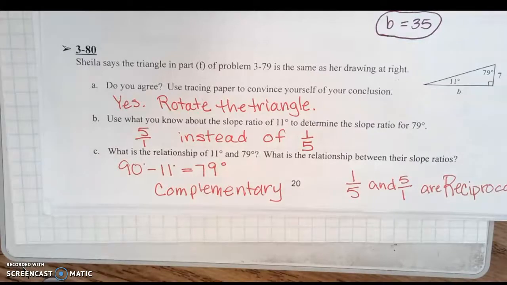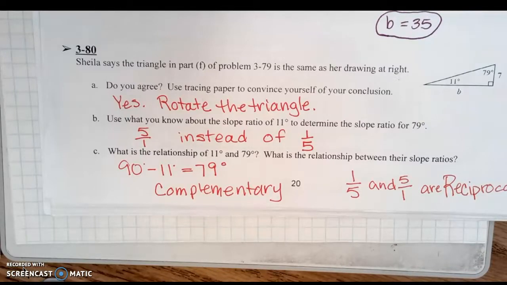And then question C says, what is the relationship of 11 degrees and 79 degrees? And what is the relationship between their slope ratios? The relationship between their angle measures is that they are complementary. If you subtract 11 from 90 degrees, you're going to get 79 degrees.